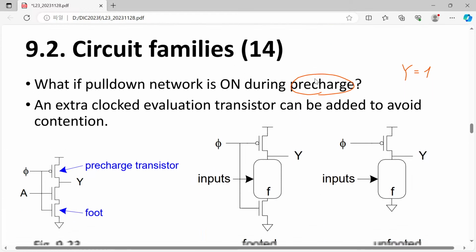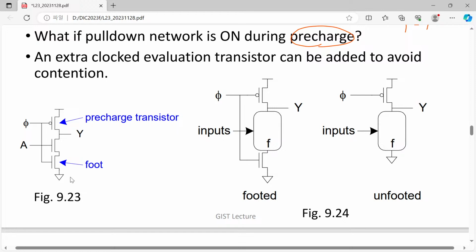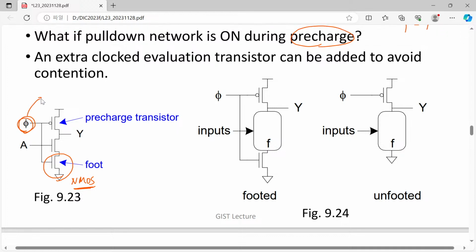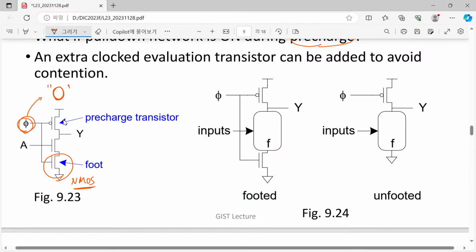Therefore, in order to prevent this unwanted case, sometimes we can additionally include another N MOSFET, not a PMOSFET, but an N MOSFET, which is shared by the same clock signal. Think about the pre-charge case. In order to pre-charge, we apply logical value 0. Then our PMOSFET is turned on, and it tries to charge our Y node.